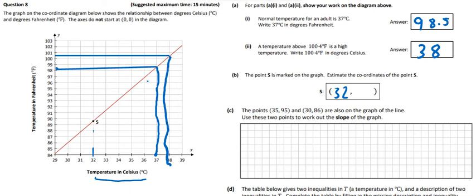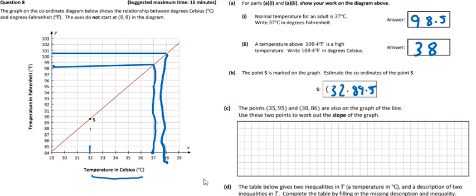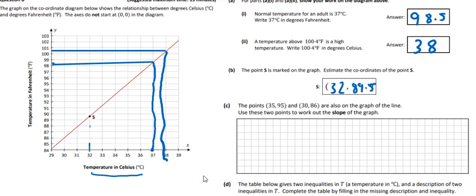And then it's in the middle, in between 89 and 90, so I'd say go for 89.5. So 32, 89.5. There'll be a margin of error there, so if you're a little bit out, you'll still get the marks as long as you're within certain numbers.